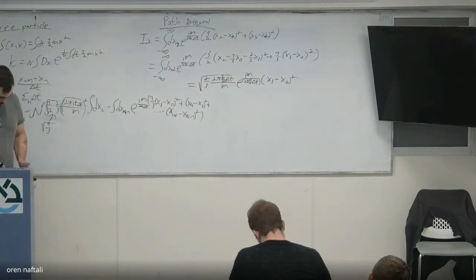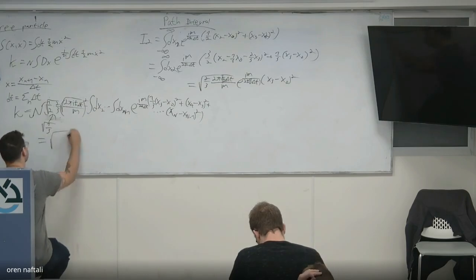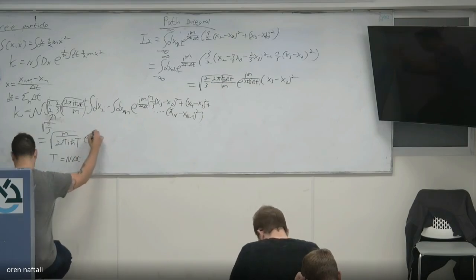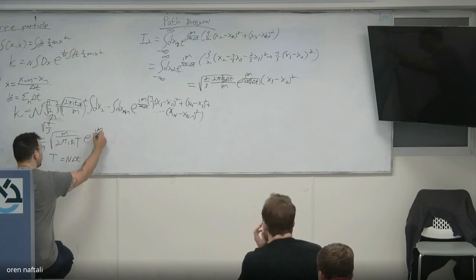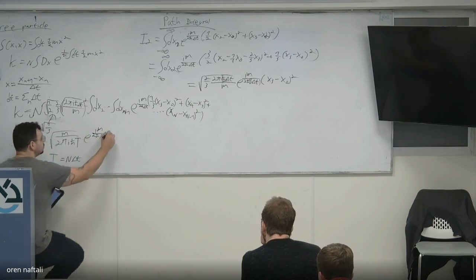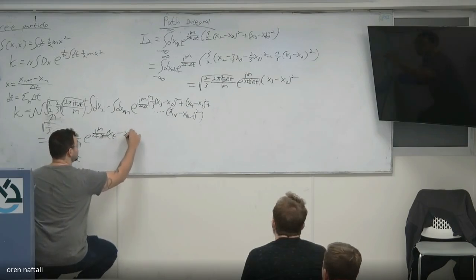So the result will be equal to the square root of m divided by 2 pi i h bar T, where capital T equals n delta t, e to the i m over 2 h bar T, not delta t, just a capital T again, times x f minus x i squared.